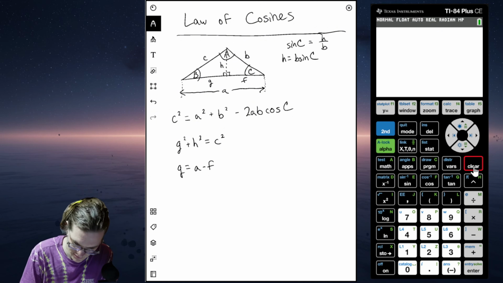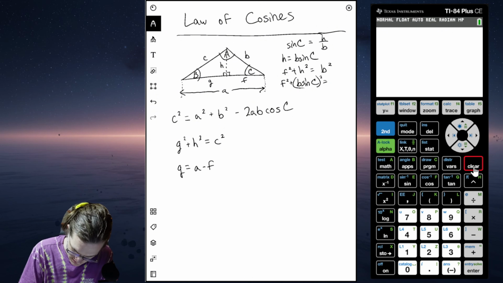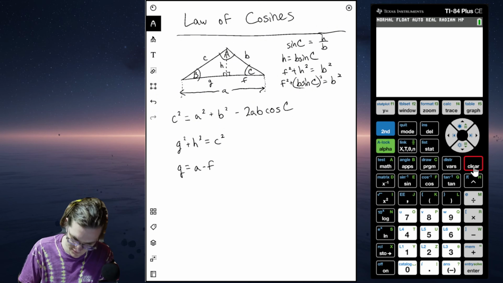Then I'm going to plug the h in, so f squared plus b sine C, quantity squared, equals b squared. So you see what I did there? I found h, wrote the Pythagorean theorem, and put the h squared in there.